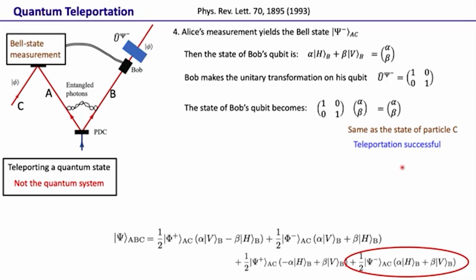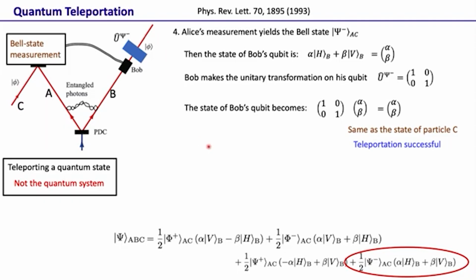So this is how teleportation works: without teleporting the particle, or without actually obtaining the numbers by doing state tomography, which is a very difficult problem, one basically teleports this state of particle C to the state of particle A. So that's quantum teleportation.